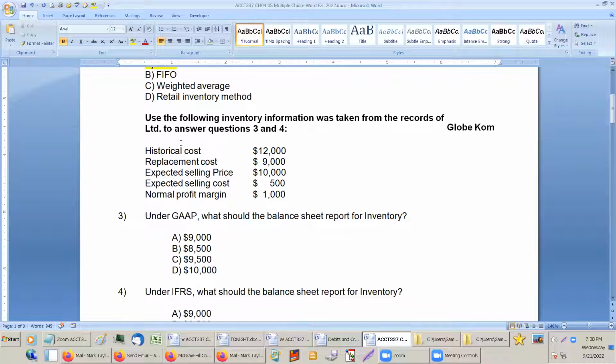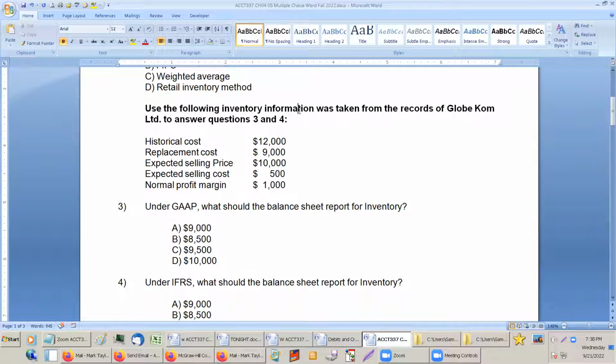Okay, use the following information for, I did not write this very well. I adapted this, so that's why it's the following inventory. Just say use this to answer. Let's take out a few words here. There we go. Okay. So this is their historical cost.